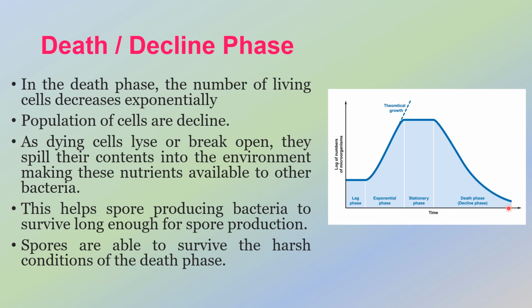The population of cells declines as dying cells release some nutrients into the environment. These nutrients are taken up by other microorganisms. Some microorganisms continue growing, and this helps spore-producing bacteria survive long enough for spore production. The spores are able to survive the harsh environmental conditions of the death phase.